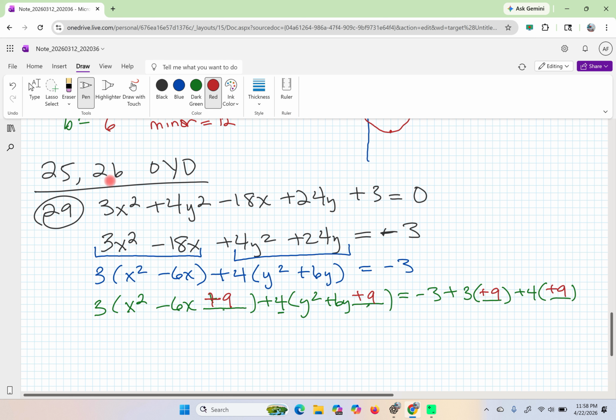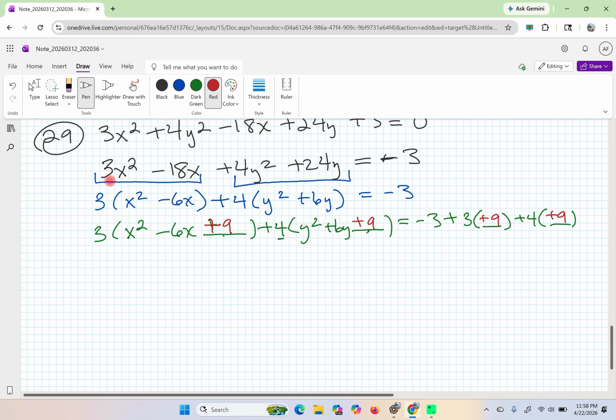Plus 9. And now I factor. So this is a perfect square trinomial. It factors to x minus 3 squared plus 4 times y plus 3 squared. And then doing the math on the right side gives me the value. So -3 plus 3 times 9 plus 27 plus 36 gives 60.